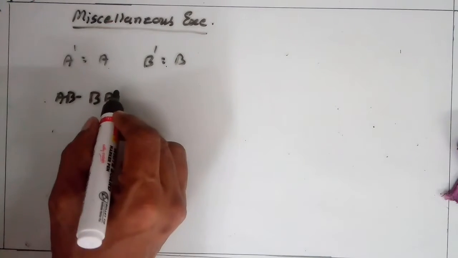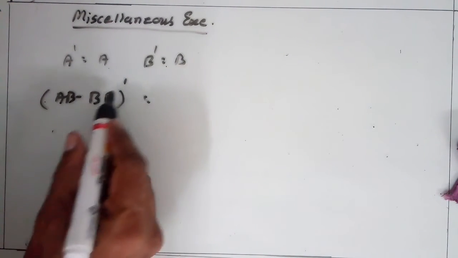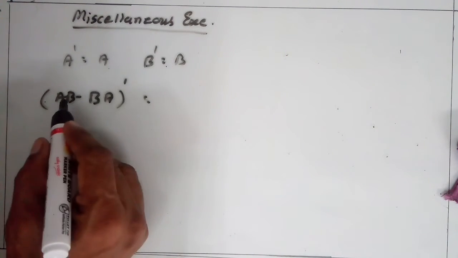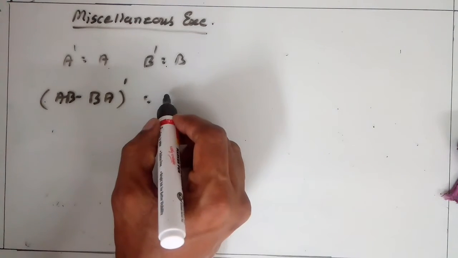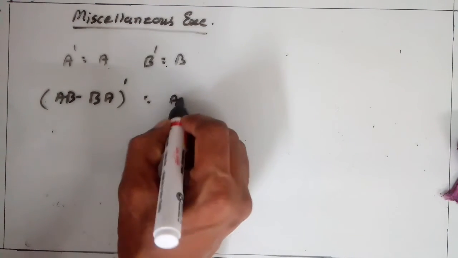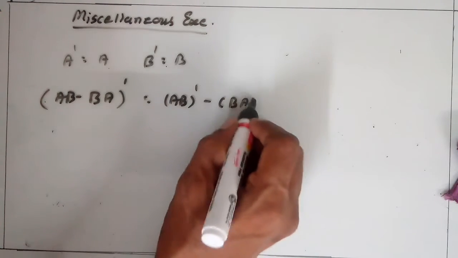For this, we take the transpose of this. We know that transpose of A plus B is equal to transpose of A plus transpose of B. Apply for these terms: transpose of AB minus transpose of BA. Clear?